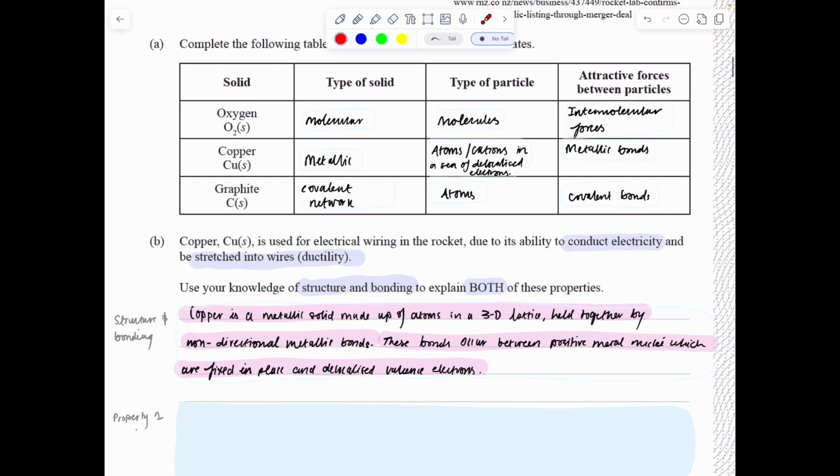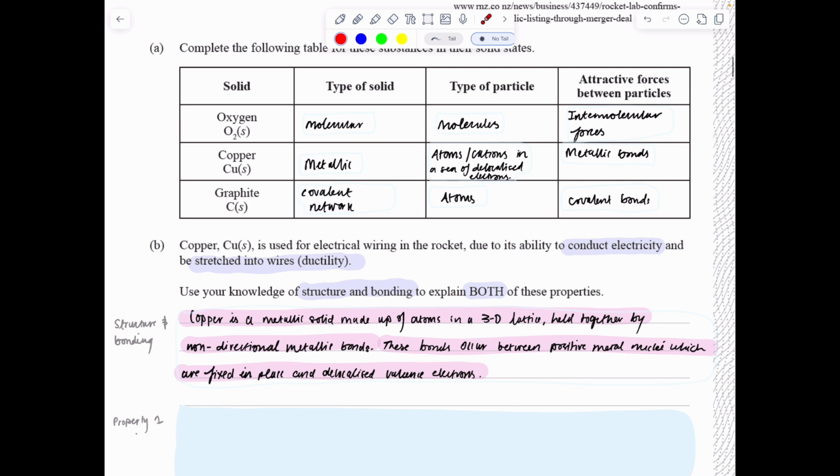So a tip for you, whenever you talk about structure and bonding, use the table. So you talk about the type of solid, then you talk about what it's made up of, and then you talk about the attractive forces and bonding that occurs between what it's made up of. Okay? So in this instance, just for those of you who don't remember what the structure of a metal is, as I said before, there are going to be these positive nuclei in a 3D lattice structure. Okay, pretend this is 3D.